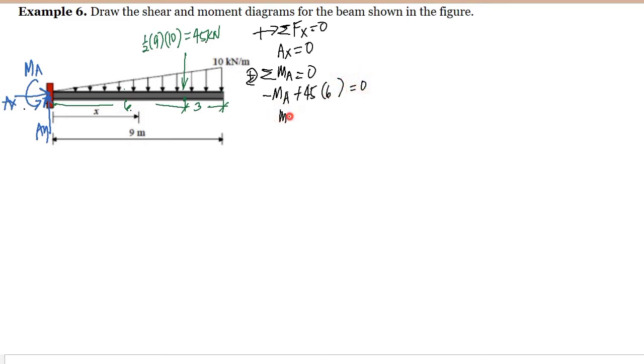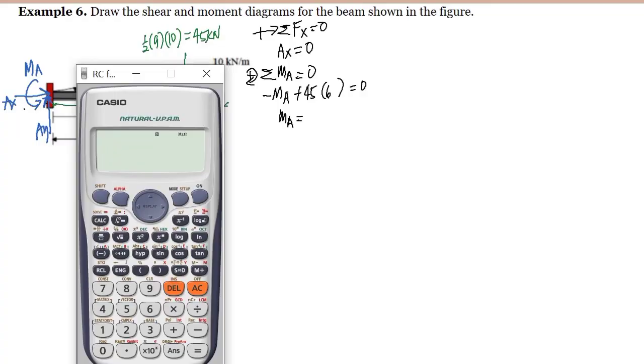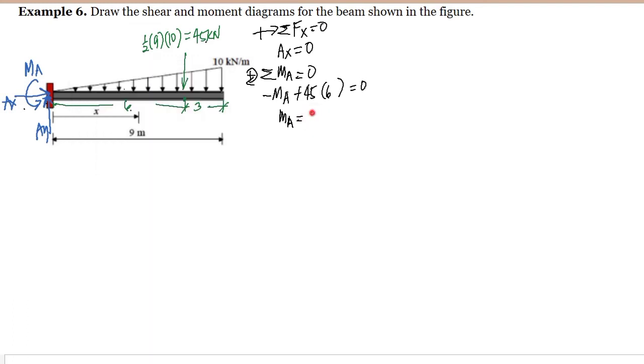So computing for the value of the moment at A, this is equal to 45 times 6, and we have here 270 kilonewton meter. So since we have a positive answer, meaning the assumption that the moment at A is directed counterclockwise is correct.